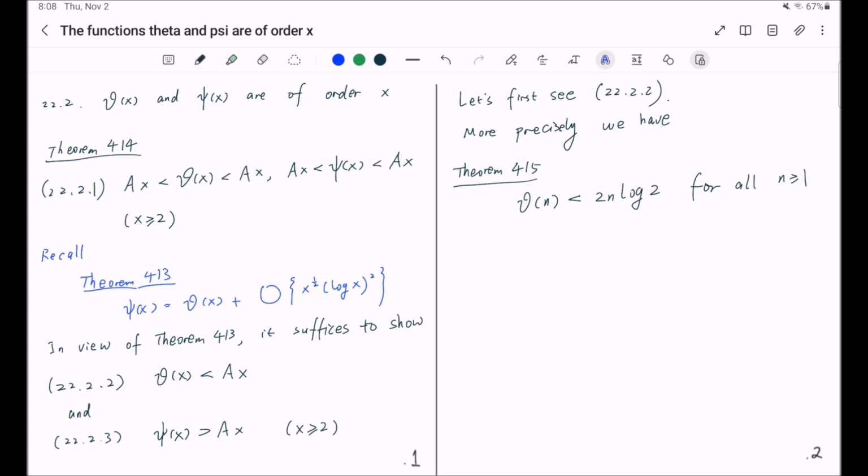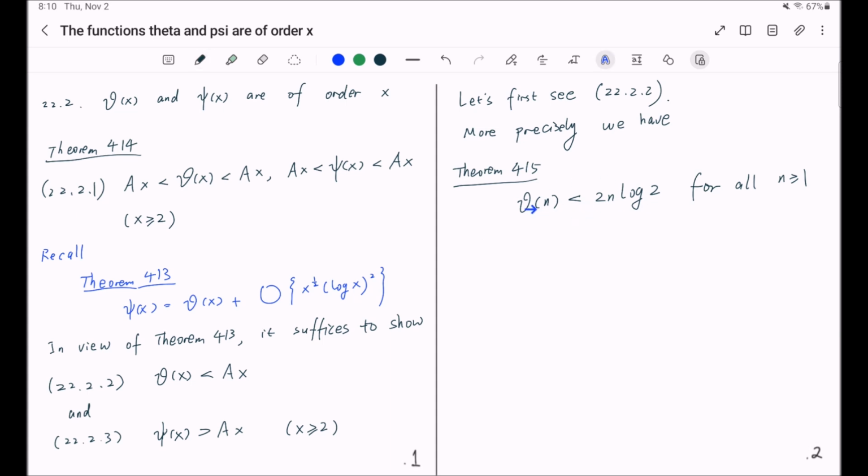So here, the constant in front of n will be 2 times log of 2. You see in this statement, n is a discrete variable. It is for all positive integers.